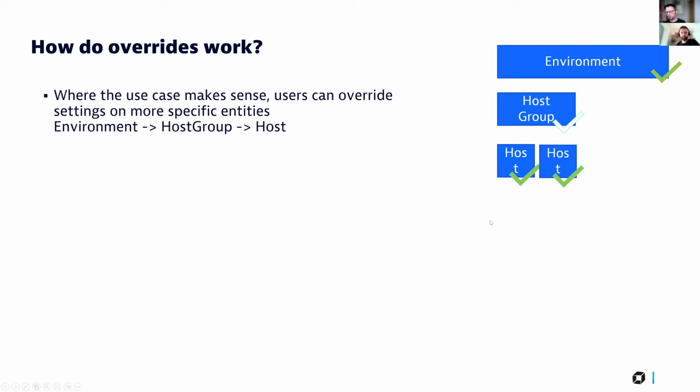But if an override on host group level is possible, it would be possible to disable a specific setting for all hosts that are within a specific host group. And so all these hosts would automatically inherit the setting from the one level above that is more specific.